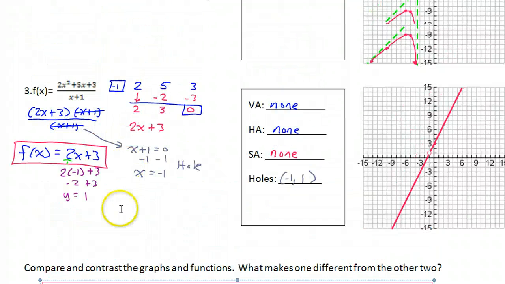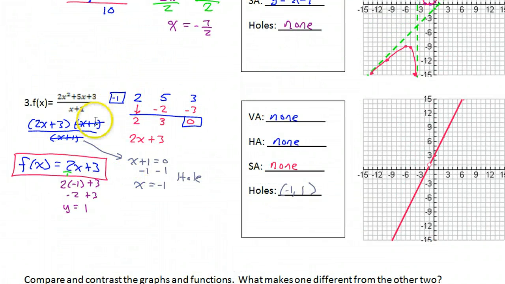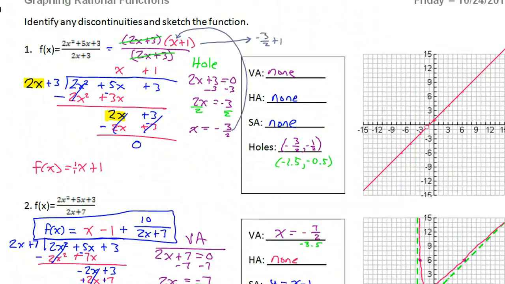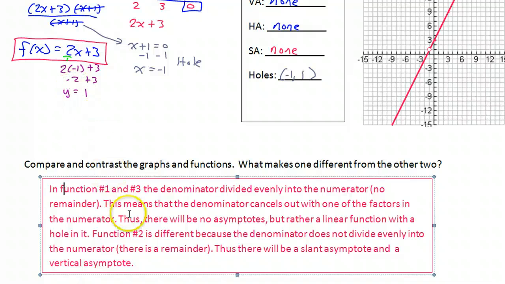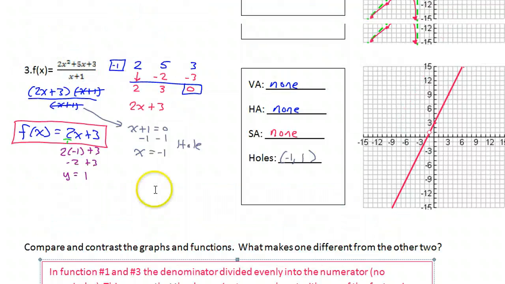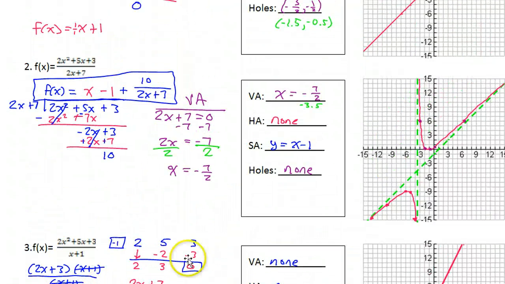That's what happened with number 1 and number 3. However, function number 2 is different because the denominator does not divide evenly into the numerator. There is a remainder. Thus, there will be a slant asymptote and a vertical asymptote. That's what happened with problem number 2.